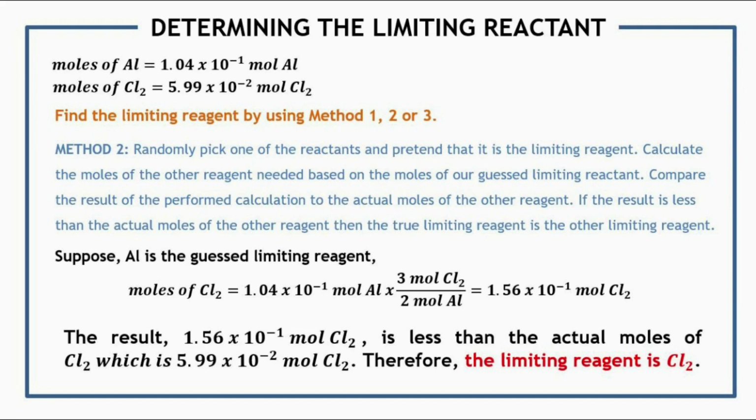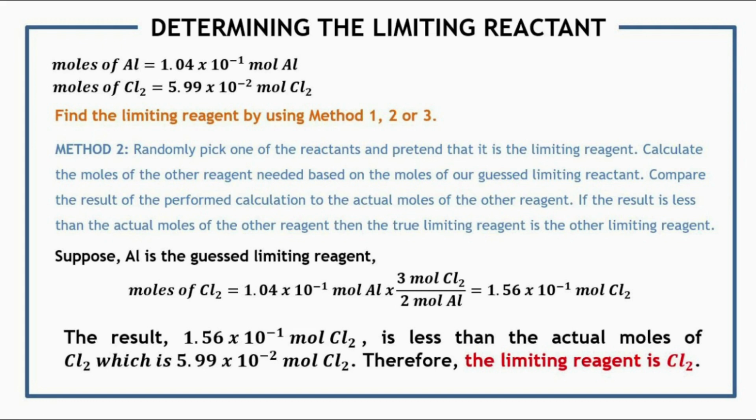Anyway, these are my computations. We can also try to solve the number of moles of this Cl2. Okay, let's try to use up the 5.99 times 10 to the power of negative 2 in the reaction. So the outcome is invalid because more than the given comes out. So it's invalid.